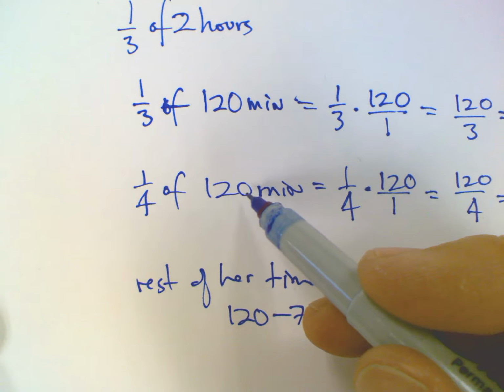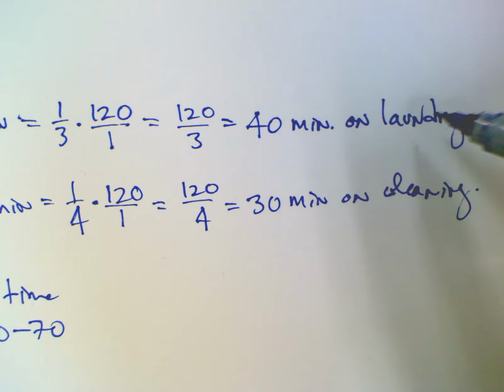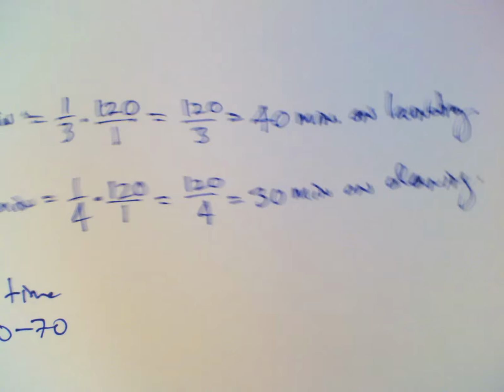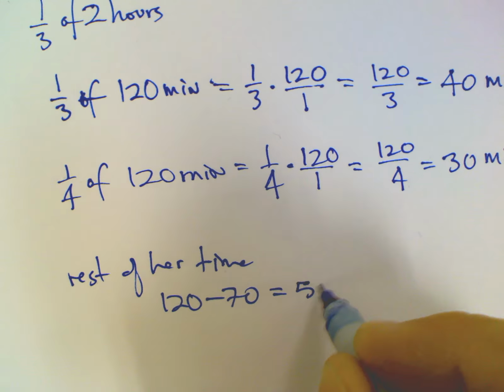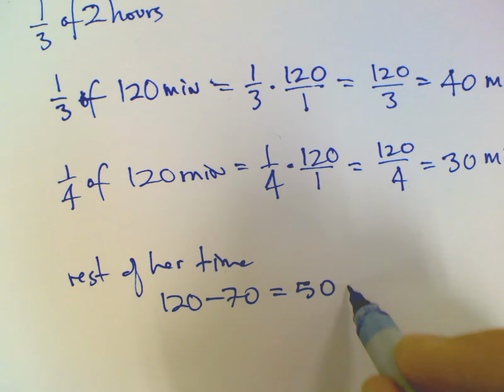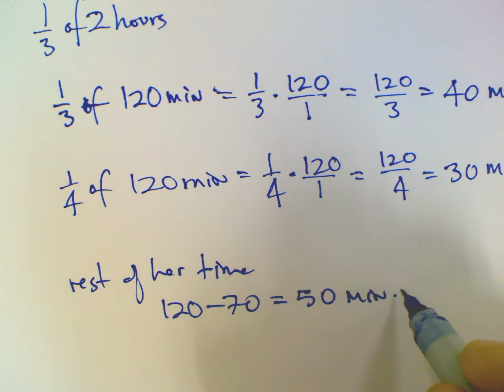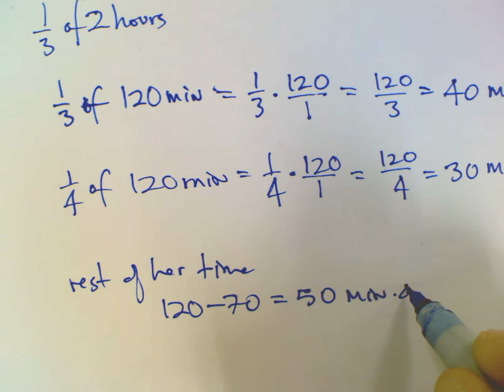We know that 40 was on laundry, 30 was on cleaning, together that's 70, so I would take 120 minus 70 to get 50. So that tells me that 50 minutes was spent in the yard.